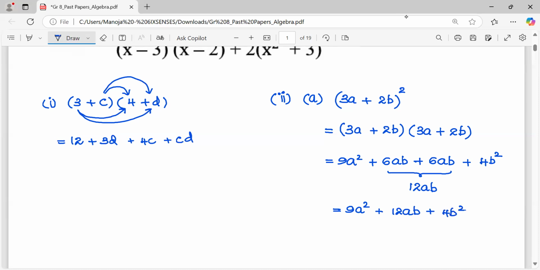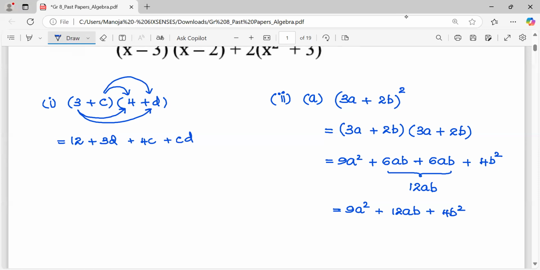Always after writing, I double check whether I have done the correct thing. 3a plus 2b squared, yes, that is the question, and I wrote the 2 brackets. 3 times 3, 9, a times a, a squared. 3 times 2, 6, a times b, ab.